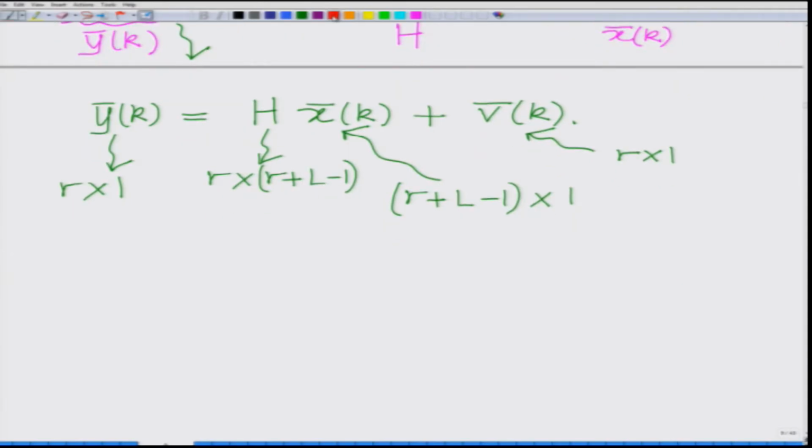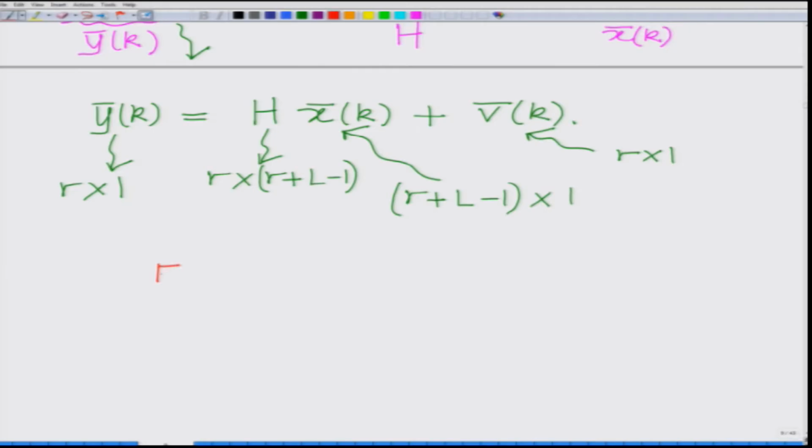And now we have our 3 tap equalizer vector, that is C bar, which is equal to the column vector C0, C1, C2, which are the taps of the equalizer.